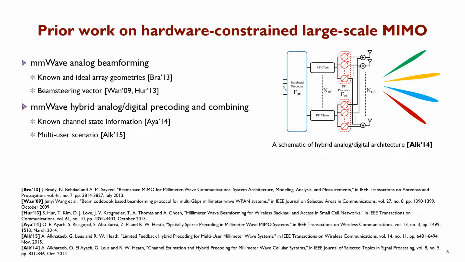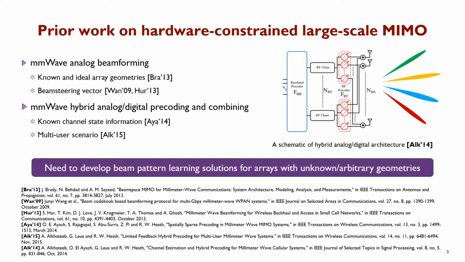For example, if we have a propagation scenario with multiple dominant paths, maybe the optimal beam will have multiple lobes. So this motivates the need to develop beam pattern learning solutions that are capable of learning complex beam patterns that adapt to the environment and to arrays with unknown or arbitrary geometries.